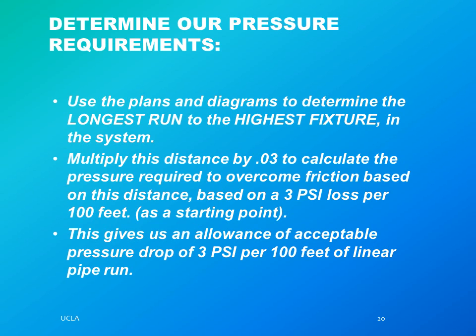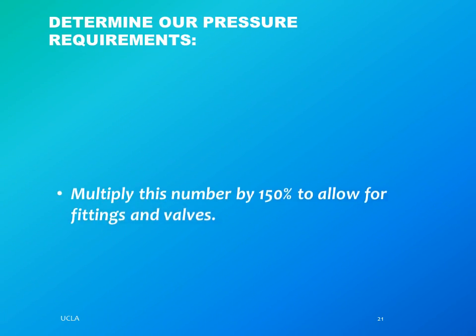For instance, you wouldn't want to say a 10 psi loss per 100 feet because now you're going to make the pumps bigger than they need to be. And you wouldn't want to make it too small with the 1 psi loss per 100 feet because now you might find yourself short. And there are all kinds of variables, so 3 is a good number from experience.